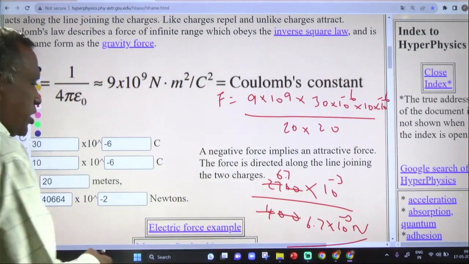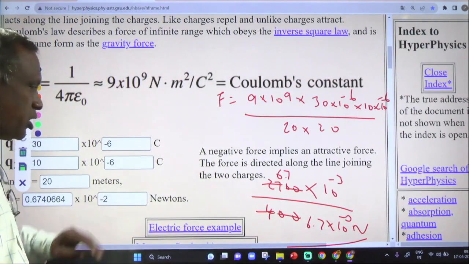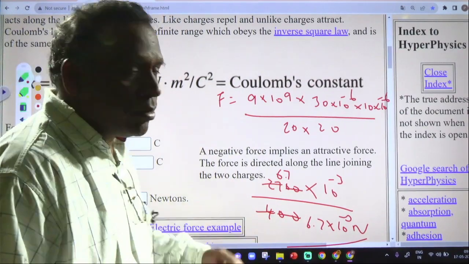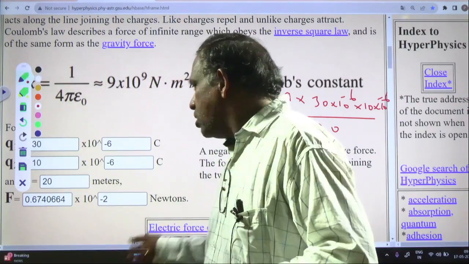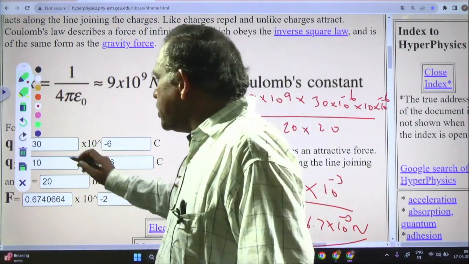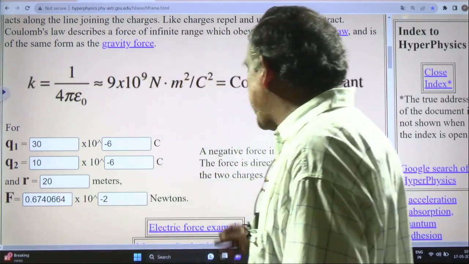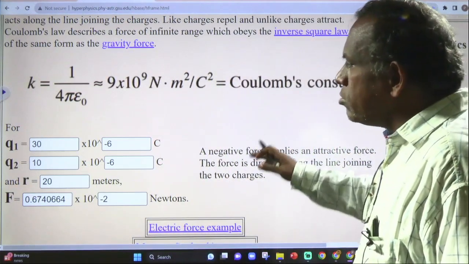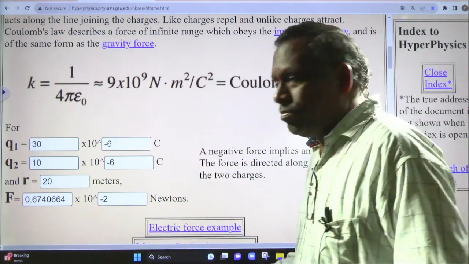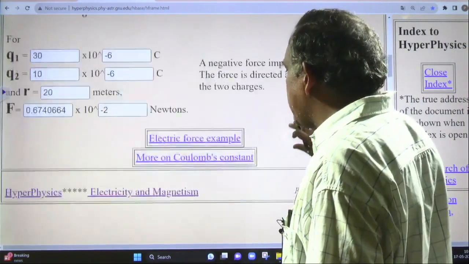It is approximately 0.67 into 10 power minus 2 newtons. See, both are coming the same. It means that by changing the values of charges you can also find the force between two charges like that.